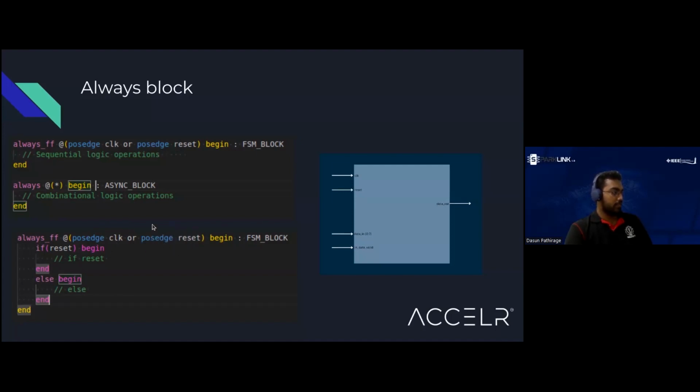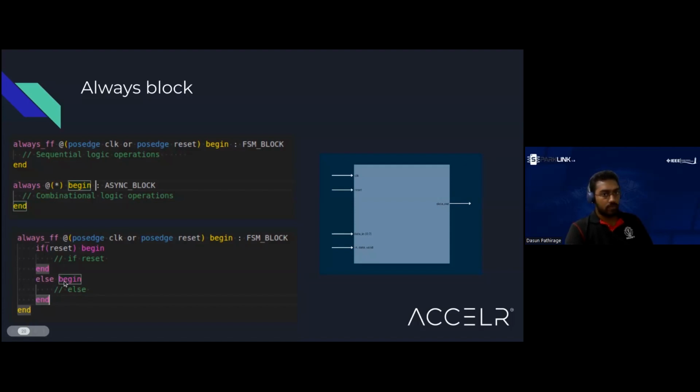If reset happens, this always block is triggered. Then there is an if else statement here. In Verilog you can use if else. If reset happens, the logic is written here. Otherwise, if reset is not pressed, the other logic is written here.